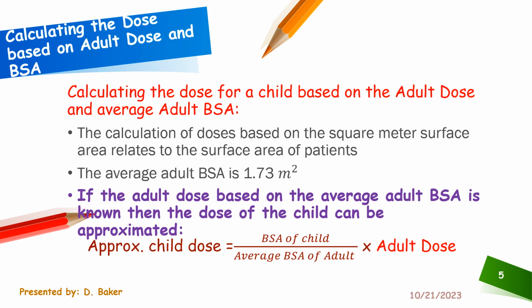Now, when you look at that calculation using the body surface area to estimate the dose given to the child, you are more closely approaching what you would consider an accurate dose, based on two patient-specific factors accounted for in body surface area: the height of the child and the weight of the child.